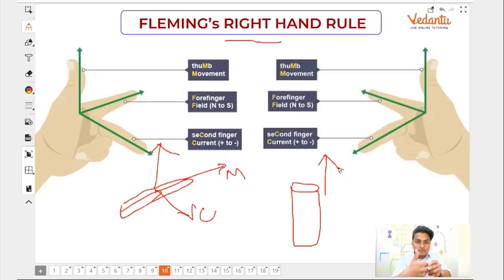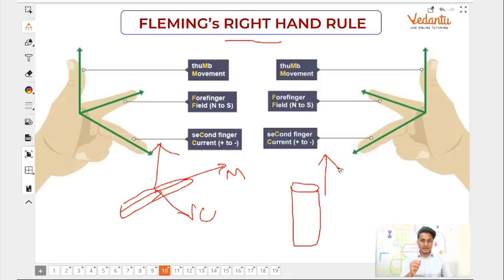If the middle finger represents the direction of the magnetic field, then your forefinger will give the direction of the induced current. That's what Mr. Fleming said in the right hand rule. Simple scenario. Understood? I'll repeat it once again for everyone, one final time.